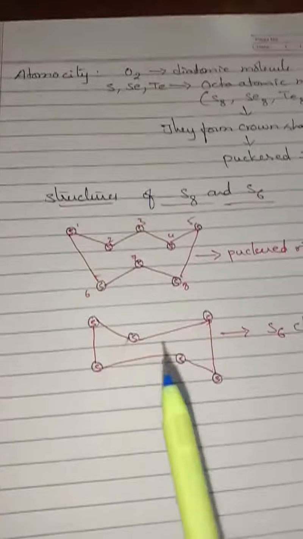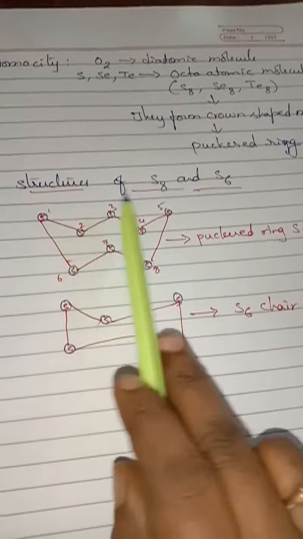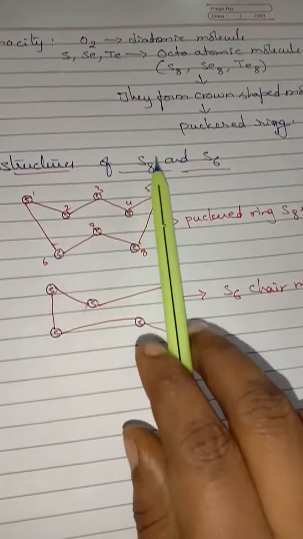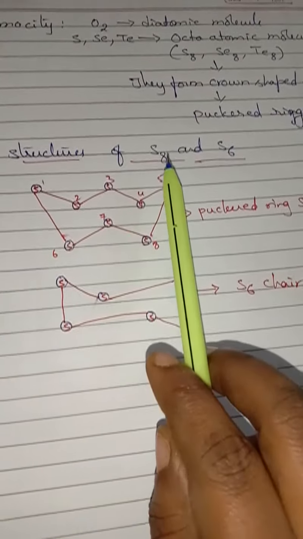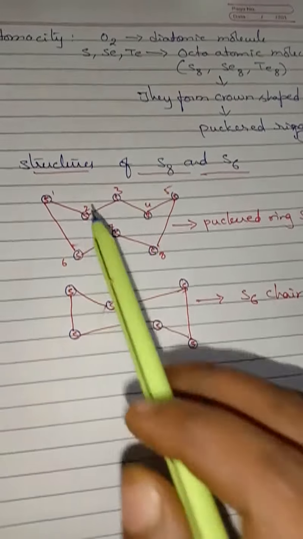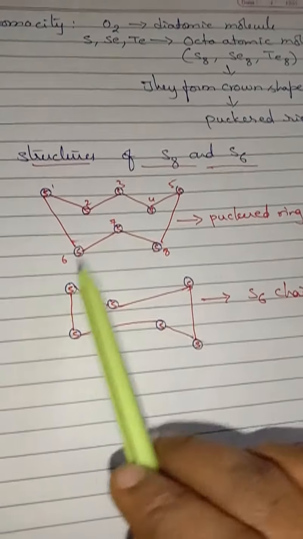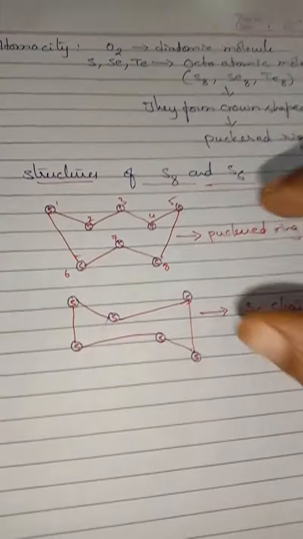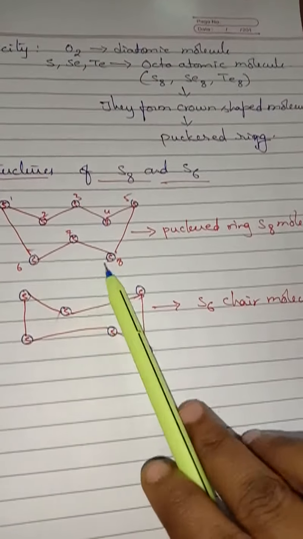Look at the structures of S8 and S6. First we look at S8. 8 sulfur atoms, 1 2 3 4 5 6 7 8. If you join all these, how does it look, children? It looks like a crown. So they form a crown shaped molecule.